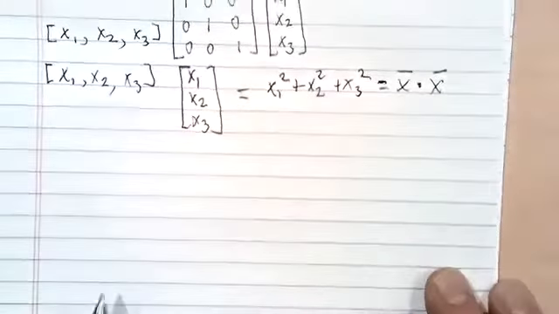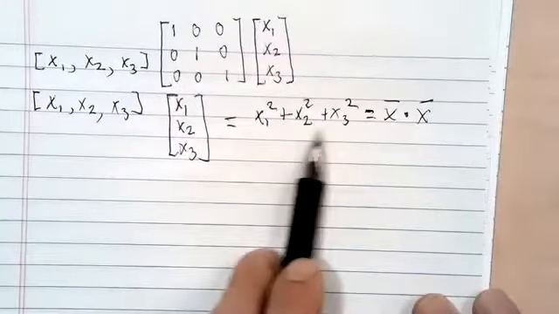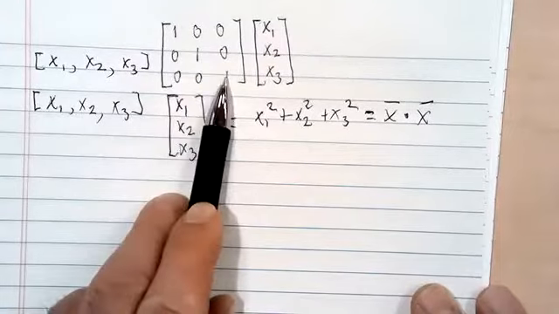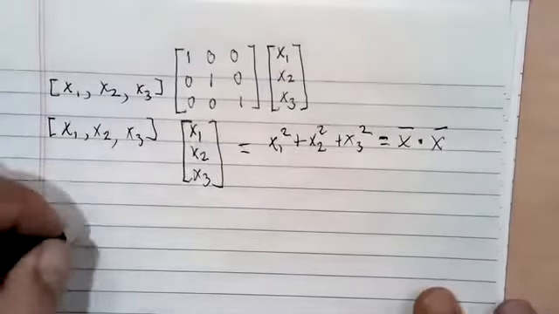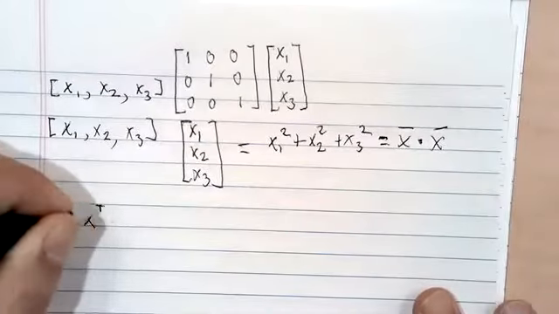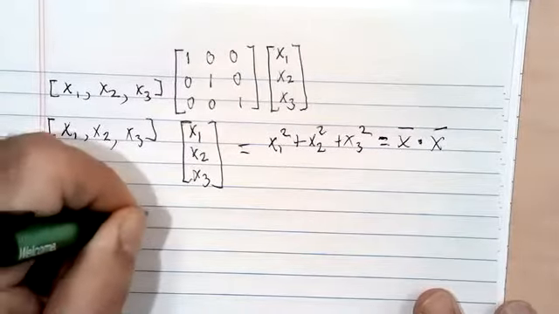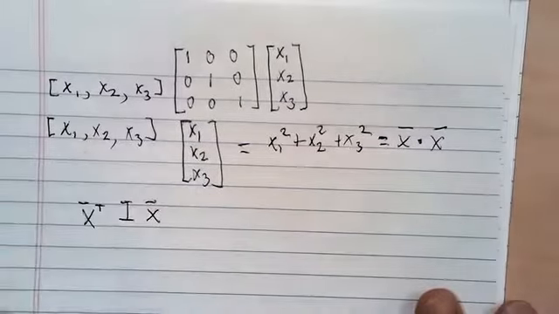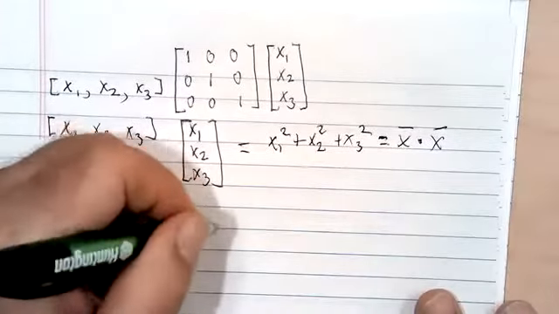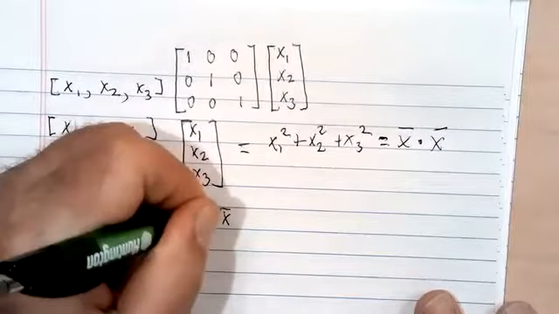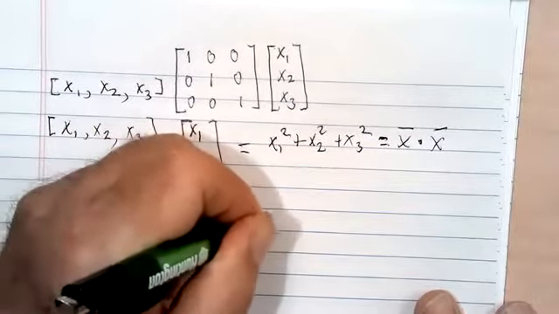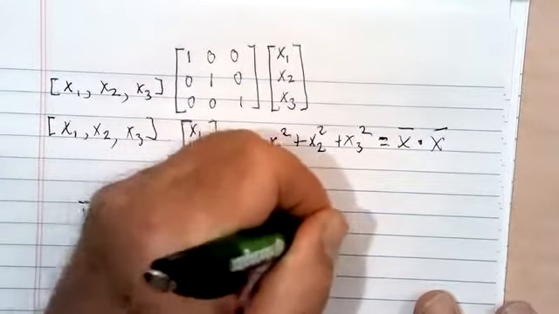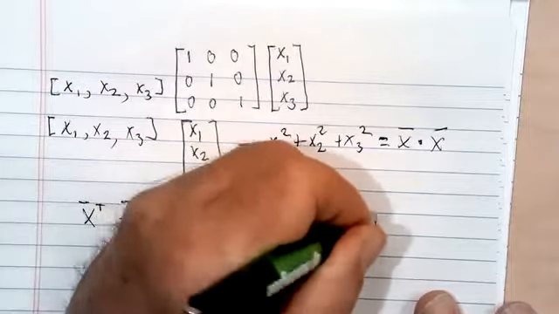It also shows that indeed the identity matrix is positive definite. If you take this form, x transpose I x, in this case you're going to get the square of the length of x, and that's certainly greater than 0 if x is not the 0 vector.